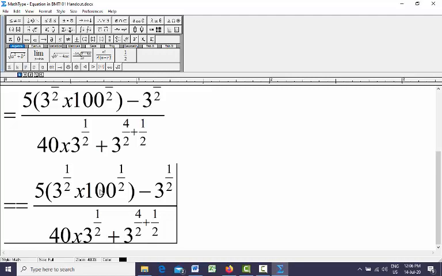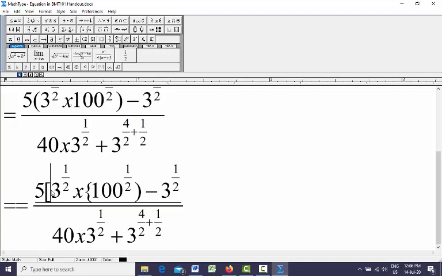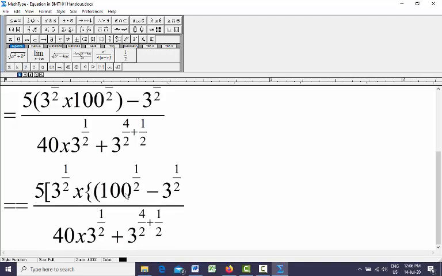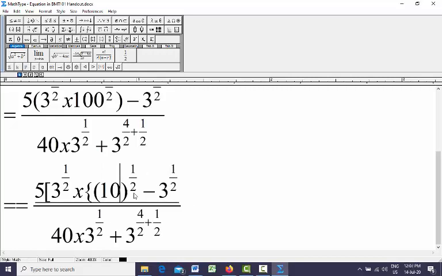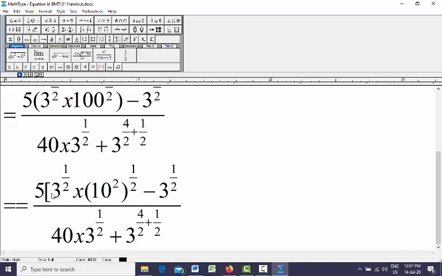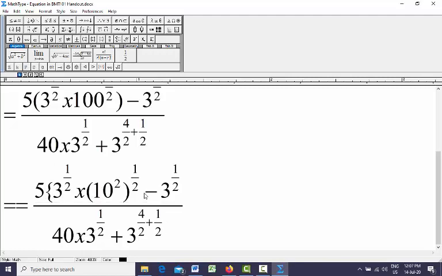Now pay attention. Here we have 100 power half. So this one can be written as this.